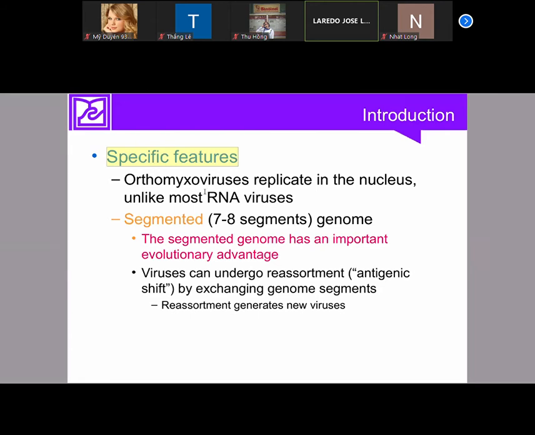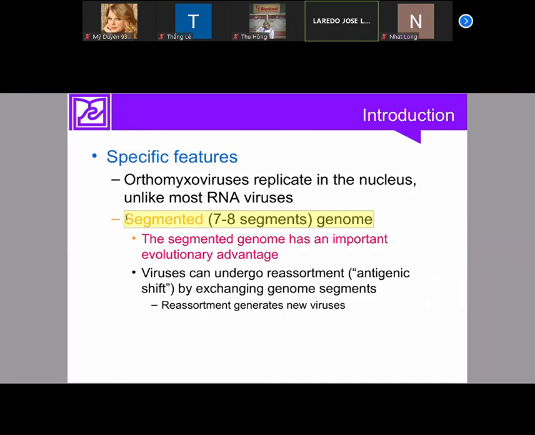The nucleic acid of influenza viruses is single-stranded RNA, negative sense, so class 5. But the most important feature is that they have a segmented genome. This is the most important feature. What is the meaning of this?